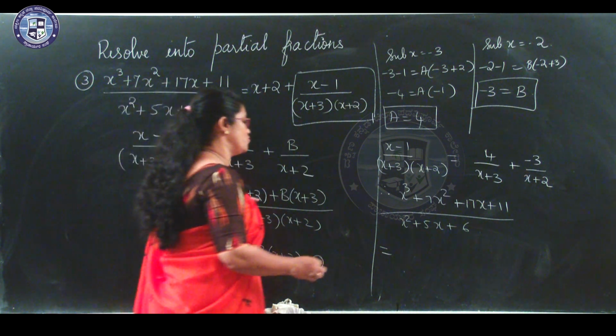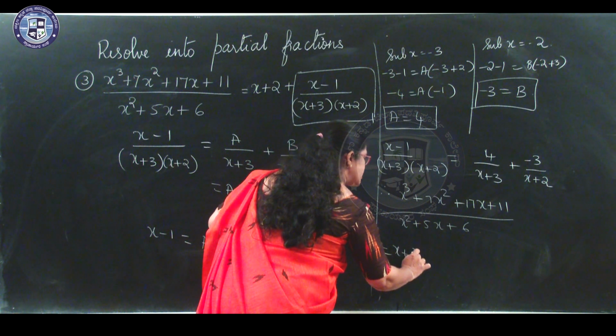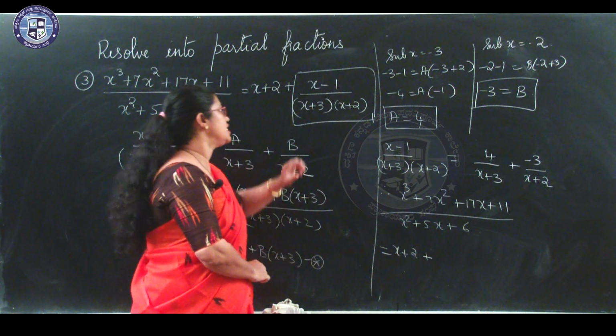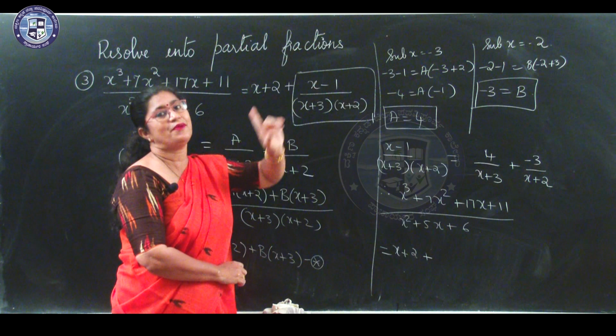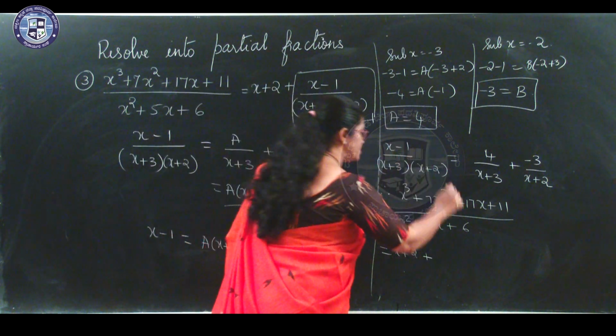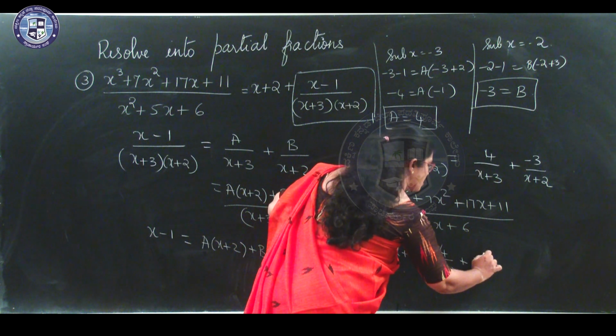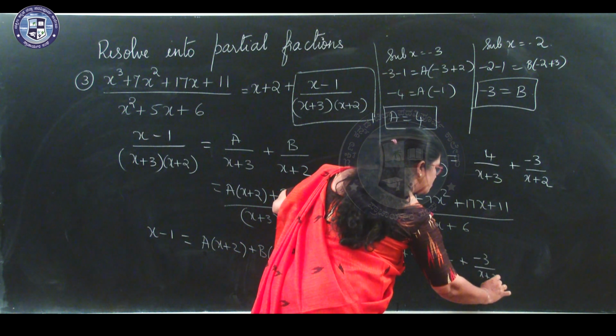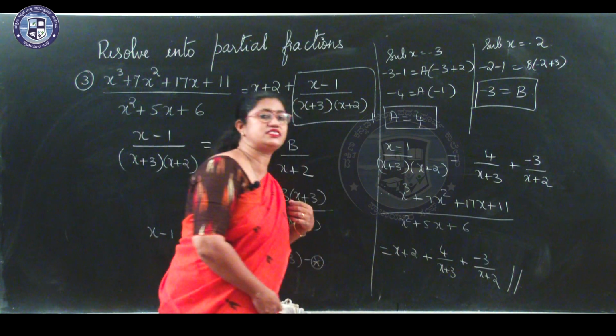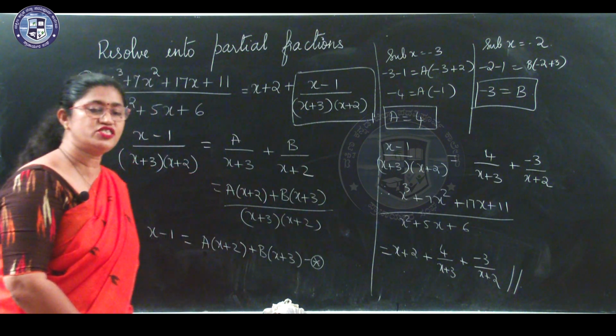X plus 2. So x plus 2 plus, now instead of this one, partial fractions. The answer is there, 4 by x plus 3 plus minus 3 by x plus 2, and yes, this is the final answer. Just take a look.